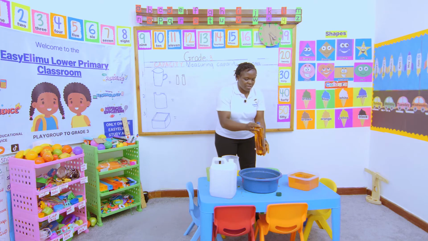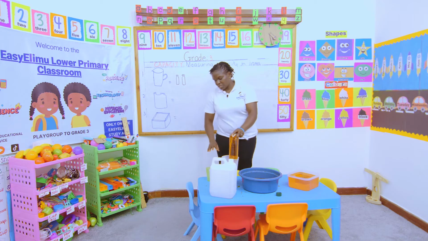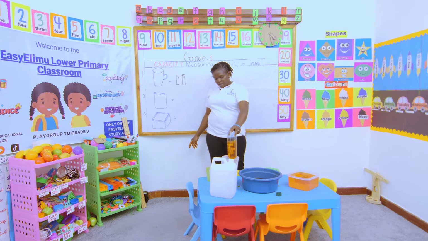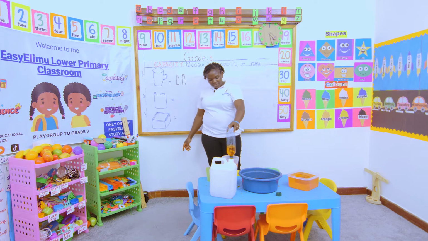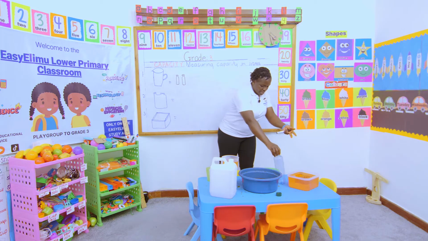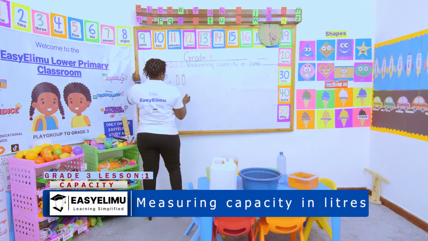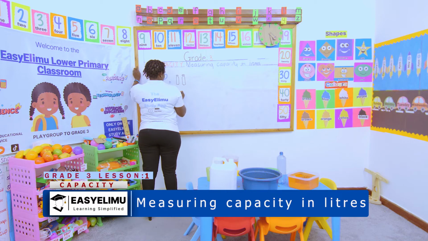So how many? You're talking about 2 bottles filling the big jug. Then we have seen how many bottles filled the jerrycan. They were 5 bottles.